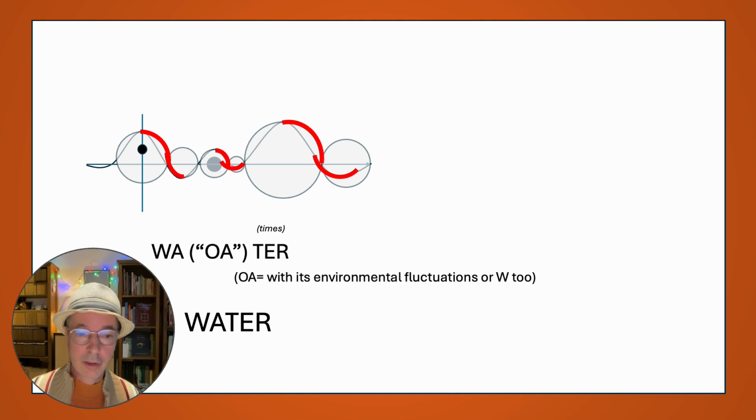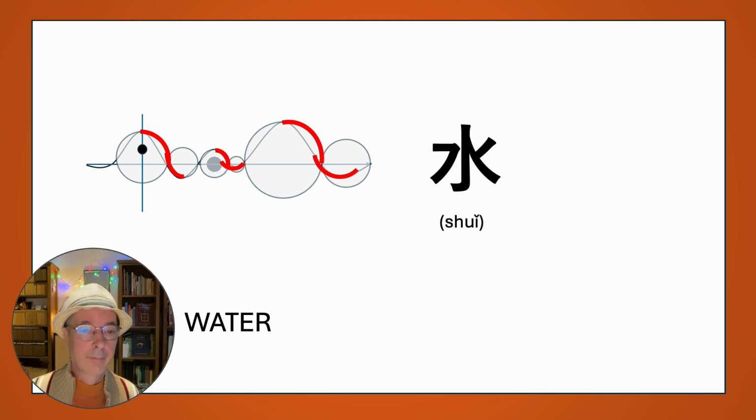So they're also changing moments, changing positions. The fluctuations of W will show itself also here in the end results of the water. So this presents water as the English word.